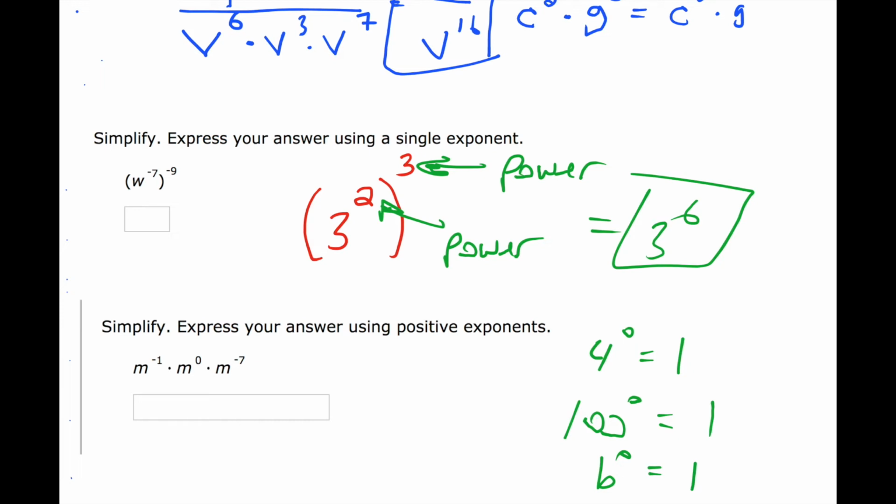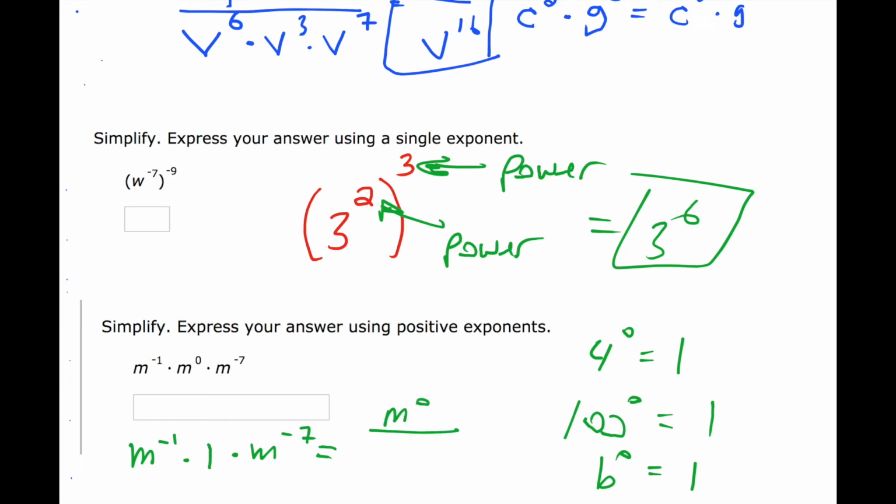Alright, so it still works with this problem, but if you have m to the negative 1 times m to the negative 7, what is m to the power of 0? 1 times m to the negative 7. Alright, so you don't really need that. Well, how do you make this happy? Like, how do you solve this problem? Alright, so if you want to do it that way, you can.